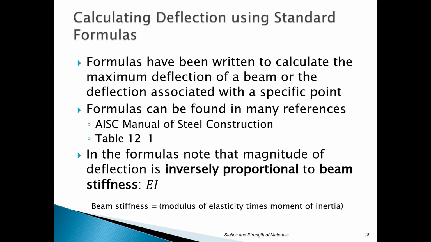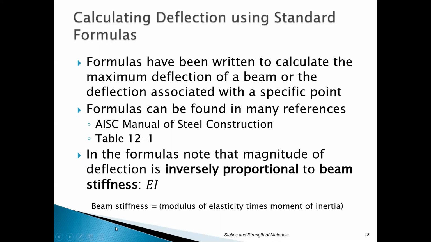In other words, as that number increases, your deflection will go down. Those tables are the equations for the different case loadings. On table 12.1, you'll notice that EI is in the bottom of the equation.